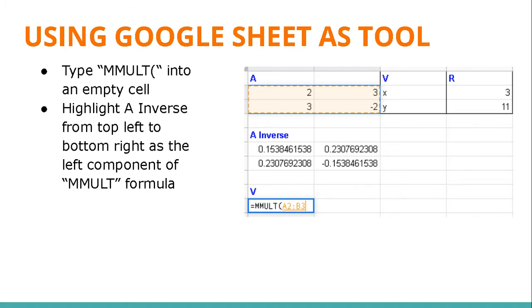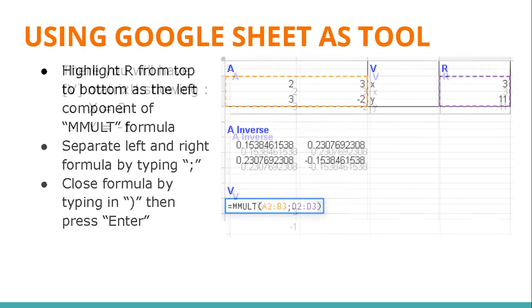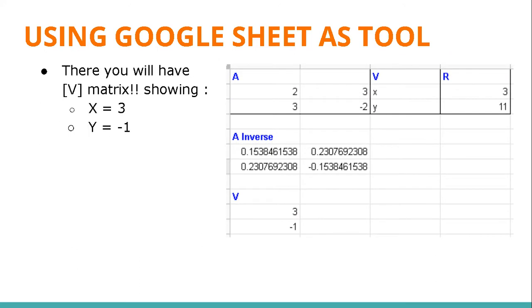After opening the bracket, the first one is matrix A. You need to highlight from top left to bottom right, and then separate with a comma. After the comma, you do the same highlight from top to bottom for R, and then type in the closing bracket, press enter, and you get the variables, which are 3 and minus 1.